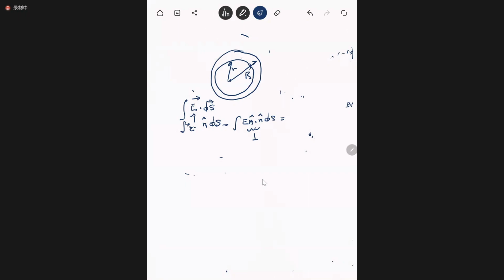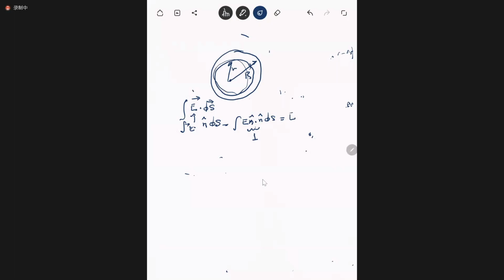If we take a homocentric sphere that has its center at the center of the sphere we're dealing with, with a radius small r, at every point along this surface the value of E is constant. If it's constant, it can come outside of the integral.